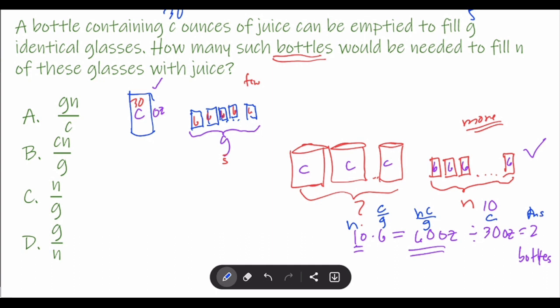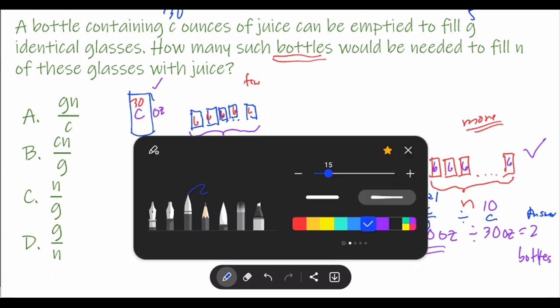This is the answer. So that means this part is the important thing that we are looking for: NC over G divided by C. So this NC over G is actually the total ounces in those N glasses with juice, which is 60 ounces in our specific numbers. So let us simplify that.